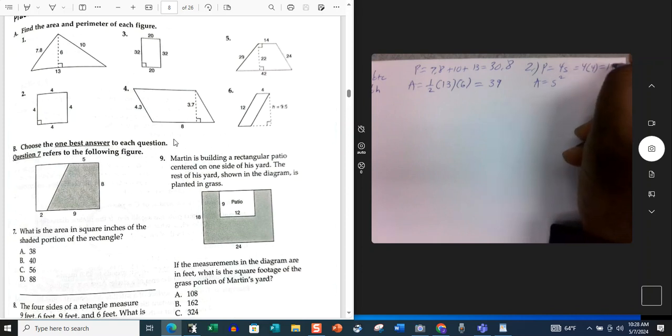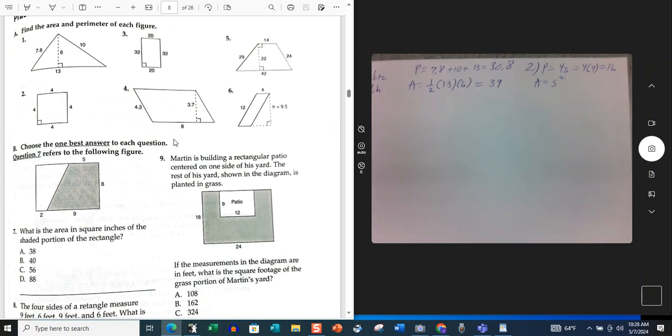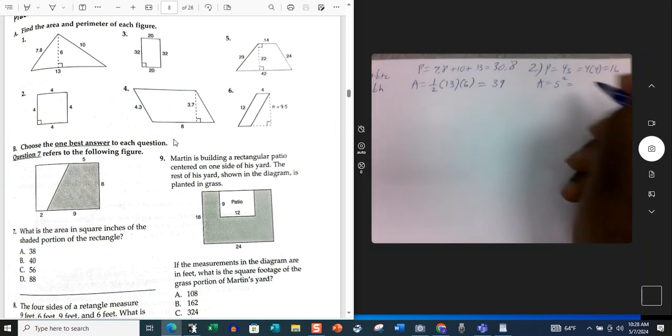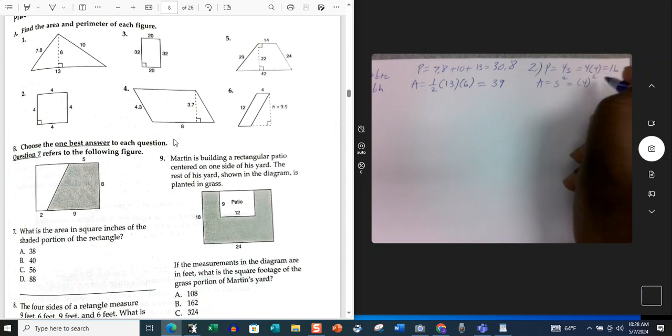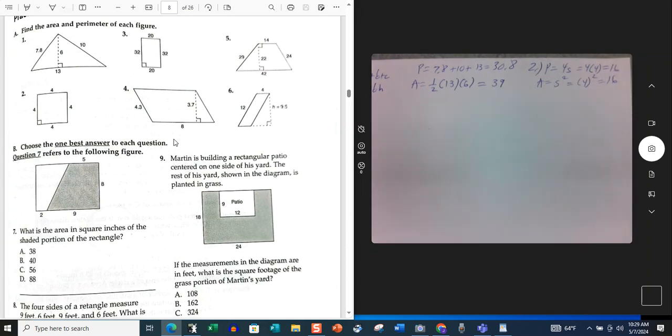So 4 times 4 is 16. That took care of the perimeter. For the area, one side is 4, and that's squared, which is 16. Now this is a rare case where your perimeter and area are equal to the same. That doesn't usually happen, so just to let you all know.